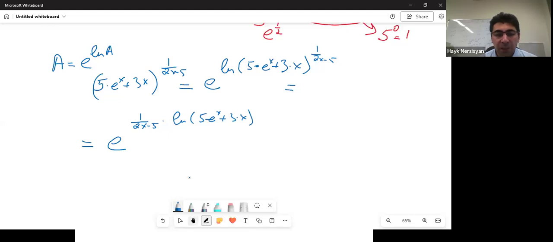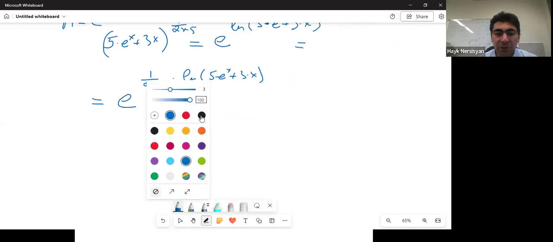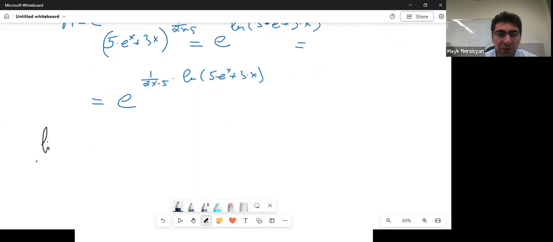Okay? And here we have a ratio. Let's calculate the limit of this ratio separately, and we will come back to complete the exercise. So what is the limit, when x goes to infinity, of the logarithm of 5 times exponential x plus 3 times x, divided by 2x minus 5?